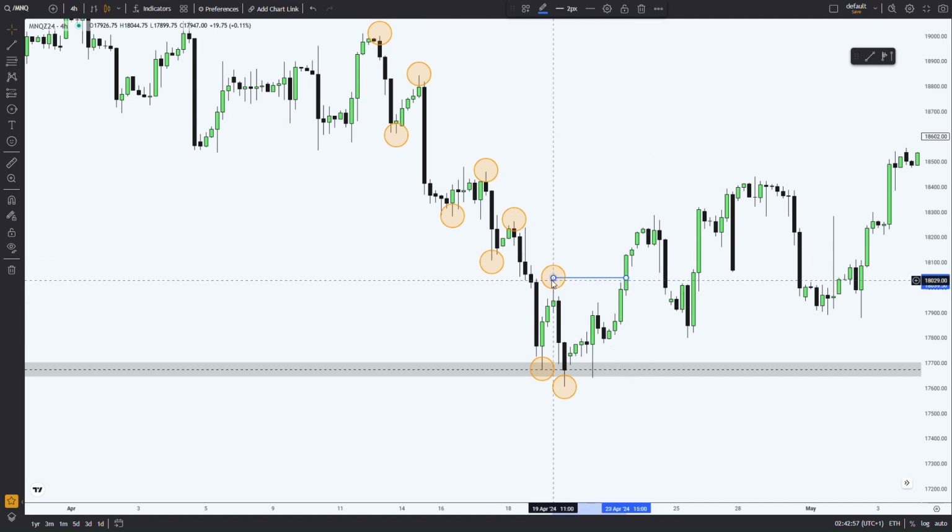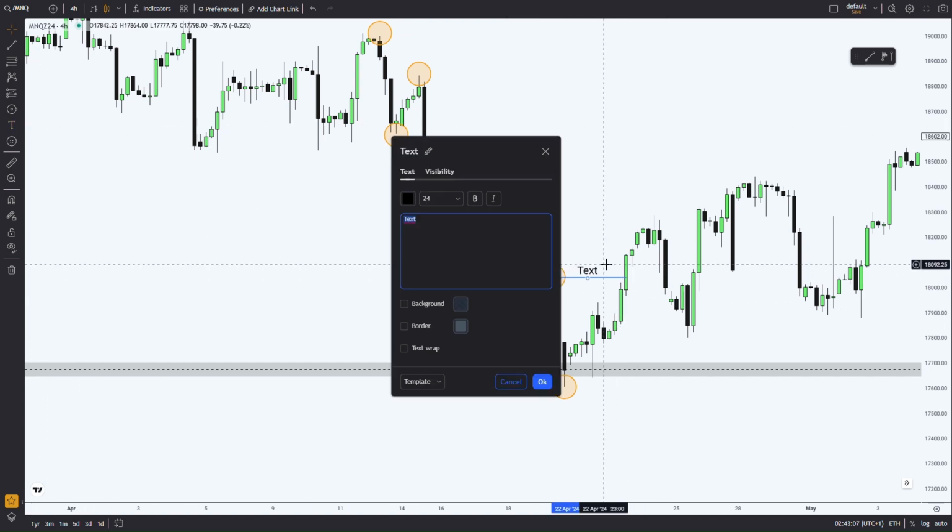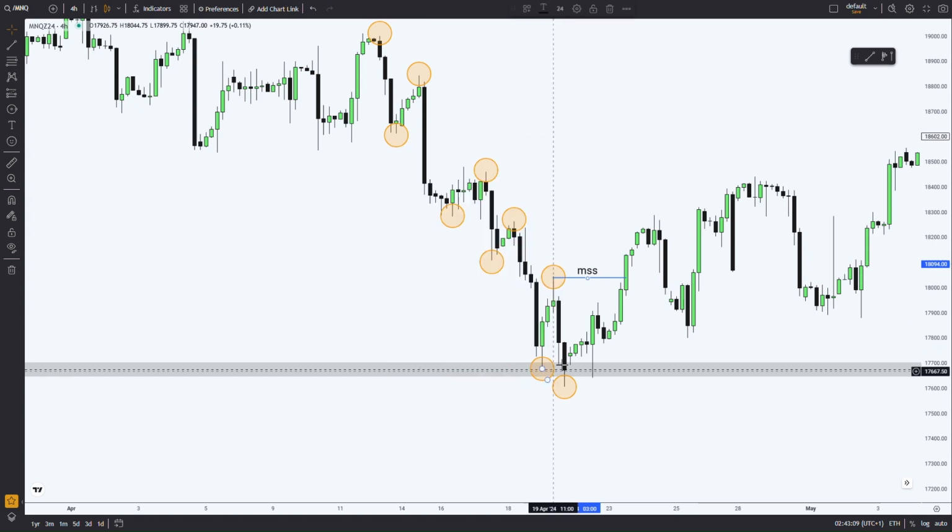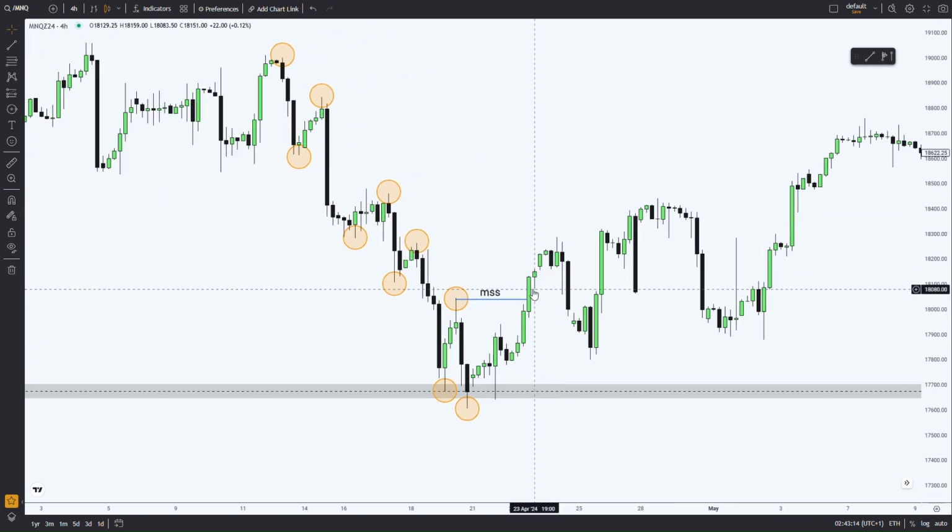The market breaks above this high sharply. Now we have a market structure shift, called MSS. This means a market structure shift. So when the market structure shift happens, we wait for the price to come back to the discount. The discount is the mid-range.